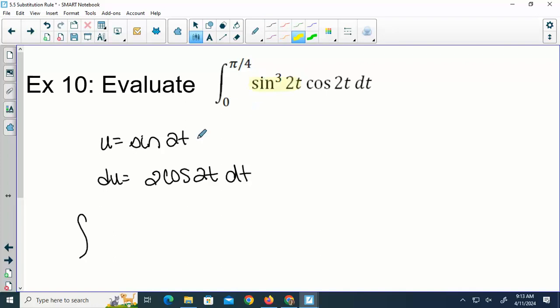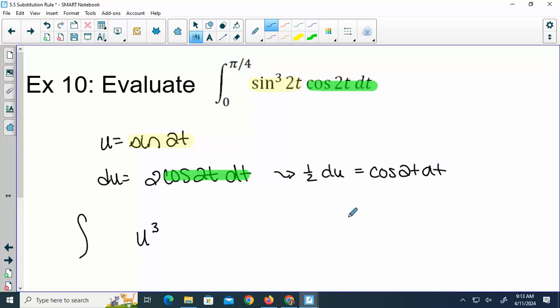So my sine cubed 2t turns into u cubed. I need a cosine 2t dt, so I don't need the 2; we'll just divide it over. Cosine 2t dt is my 1/2 du.